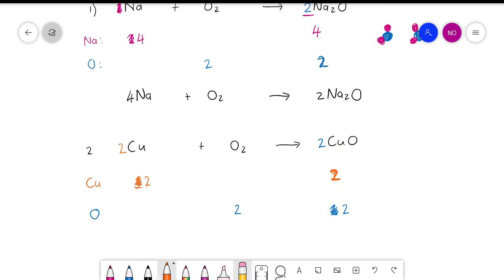Now let's draw this. Copper, copper. See, they're not touching because they're separate. And then oxygen is a diatomic molecule. And then I've got two of the copper oxides.